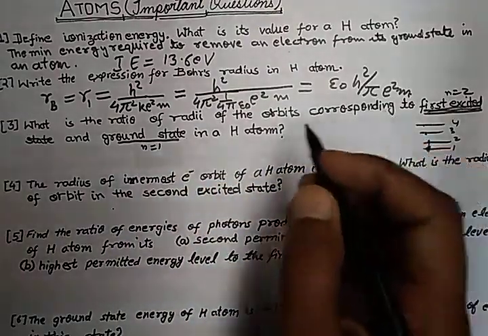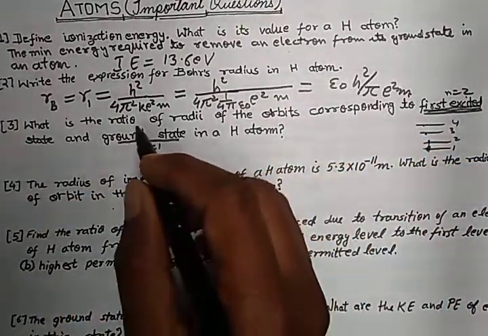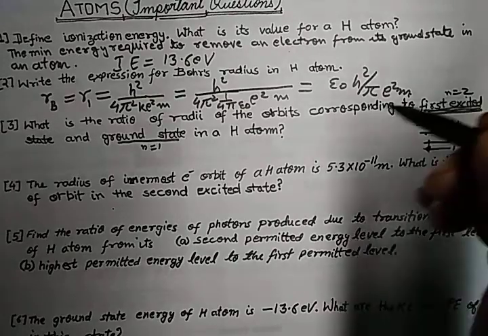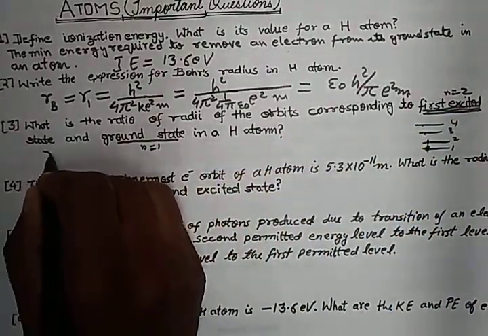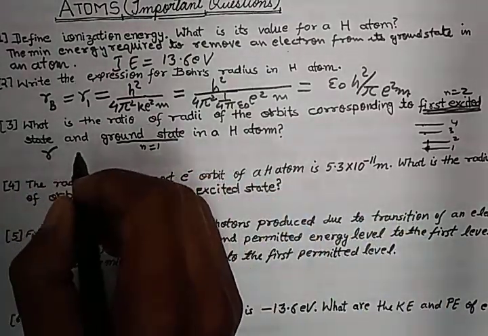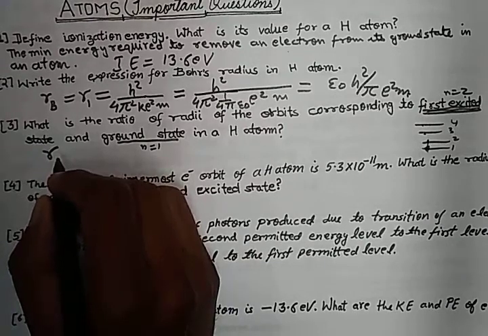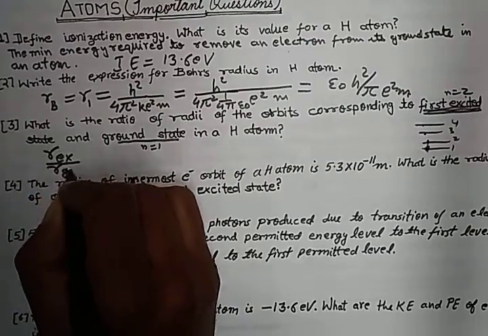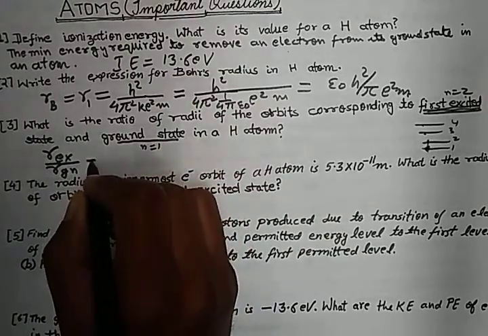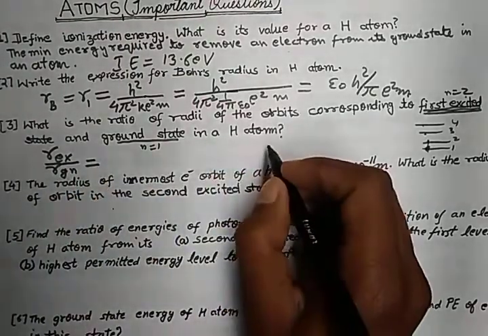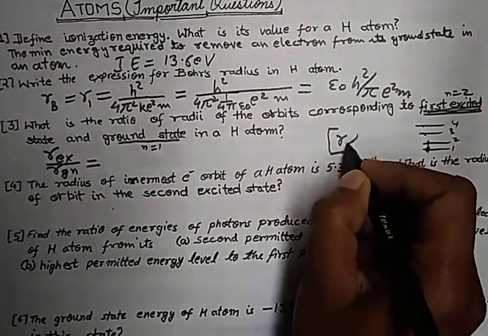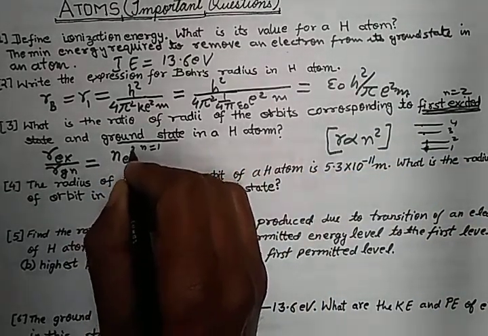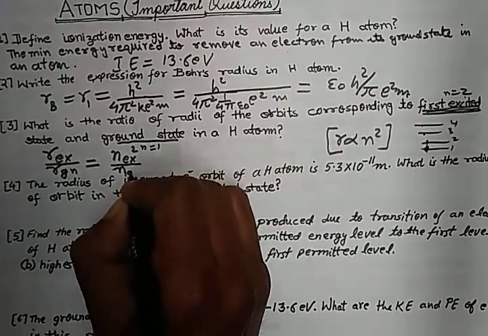So because they have asked for ratio of radii of orbit corresponding to first excited state upon ground state, what we will do is write r excited state upon r ground state, which is equal to, we know that r is directly proportional to n square, so n excited state square upon n ground state square.